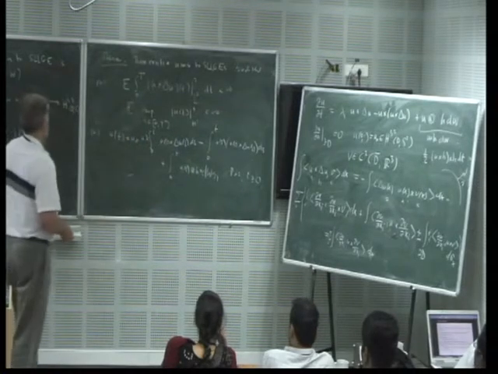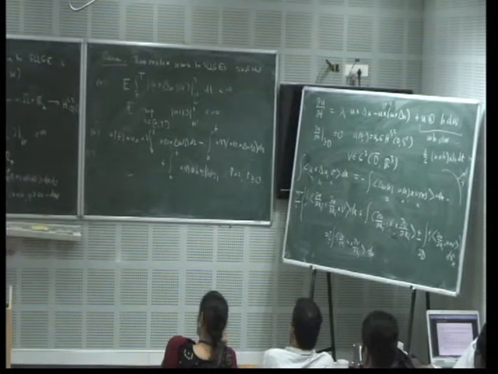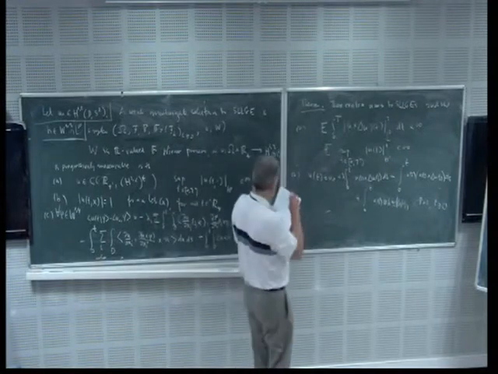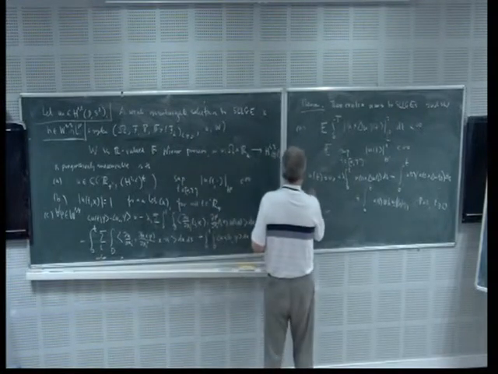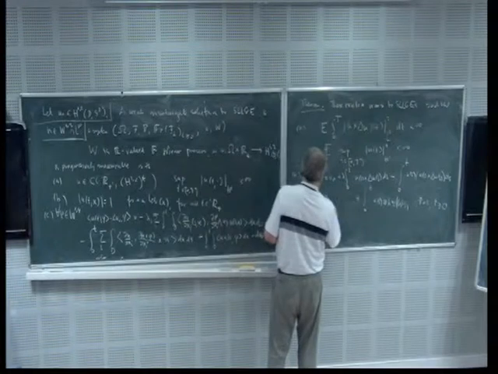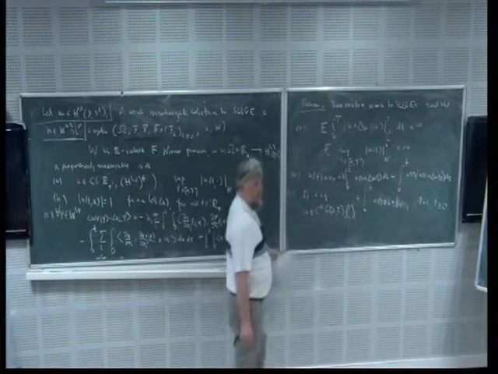And finally, our process is actually Hölder continuous, not only continuous as it was before, but Hölder continuous with values in L2. So if alpha is less than 1/2, u belongs to C^alpha([0,t]) with values in L2, for every t.